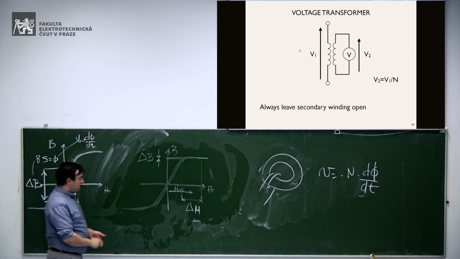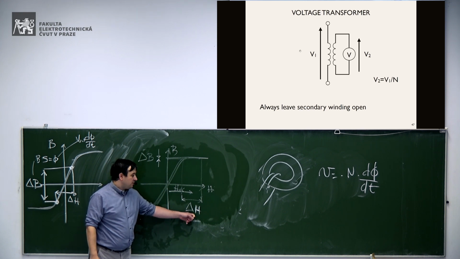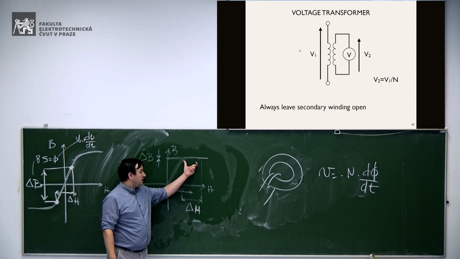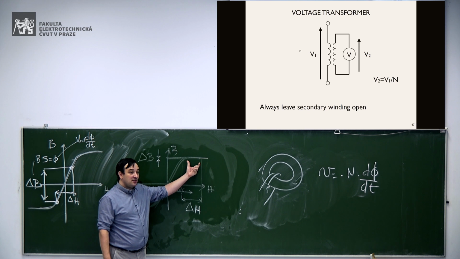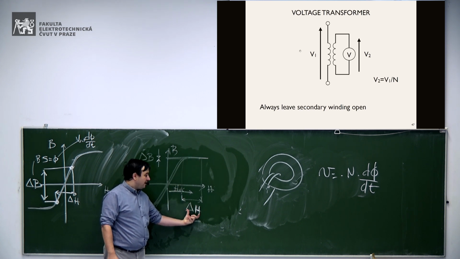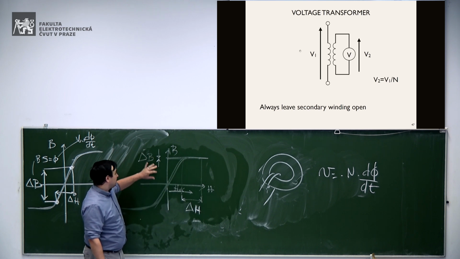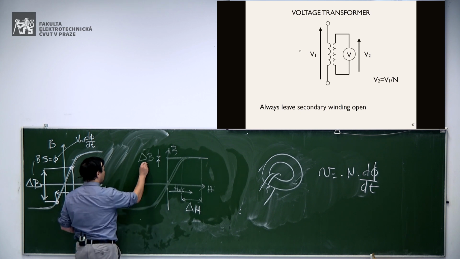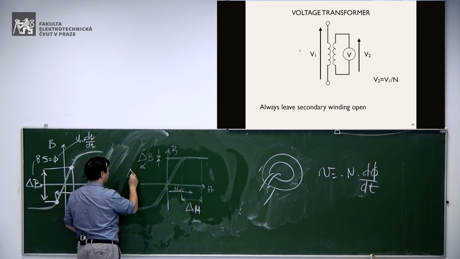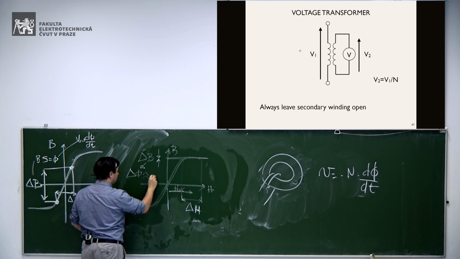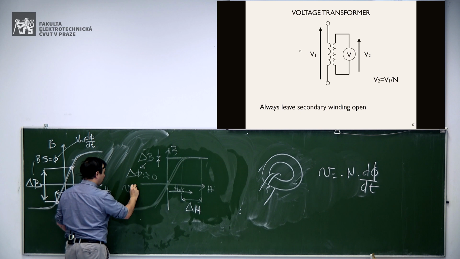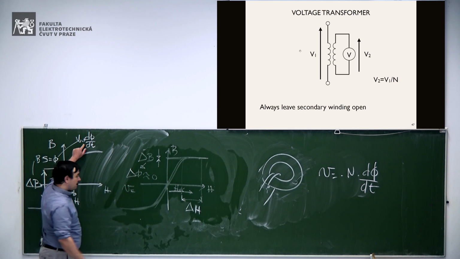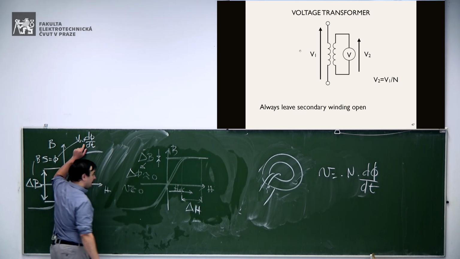You still have the same variation of magnetic field H, but now this variation occurs into the region of the ferromagnetic material, which is in saturation. So for the same variation of magnetic field H, you get almost nothing in variation of magnetic flux density. And this means that, therefore, the variation of the flux is 0, and therefore, the voltage, which is proportional to the derivative of the flux, will be 0, okay?